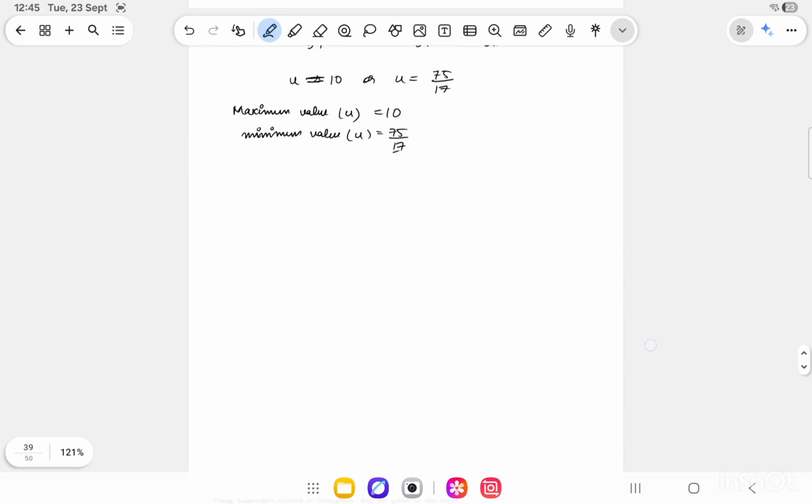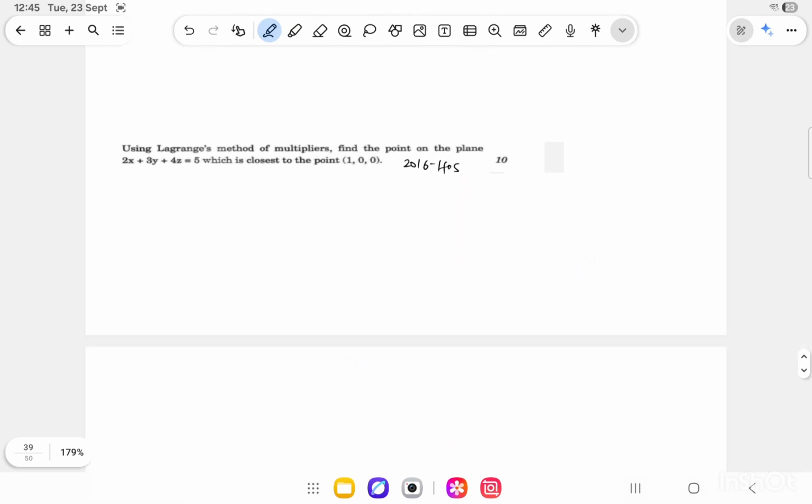The next question says: use Lagrange's multiplier method to find the point on the plane 2x plus 3y plus 4z equals 5 which is closest to the point 1, 0, 0. So let us assume that a point Q, that is alpha, beta, gamma, lies on the given plane.